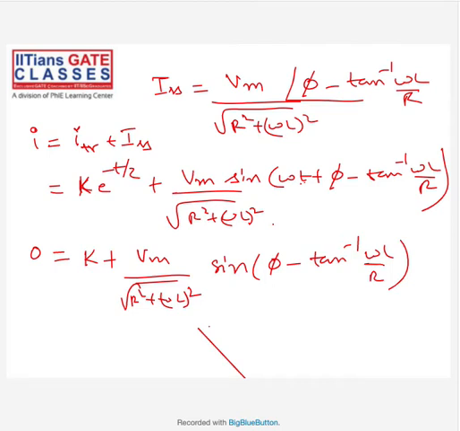So this is how you get it. Okay, so from this, what is K? K is equal to minus of this. I can directly write K is equal to minus this.